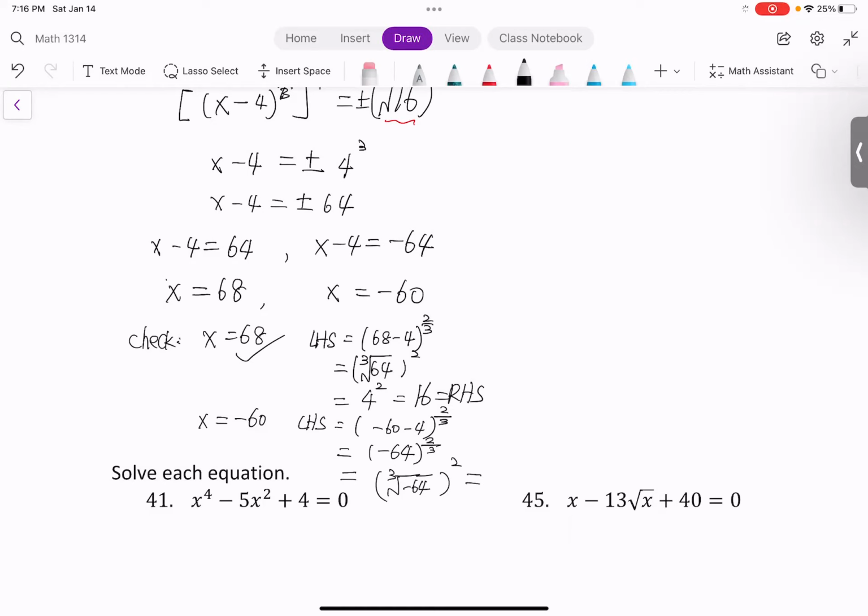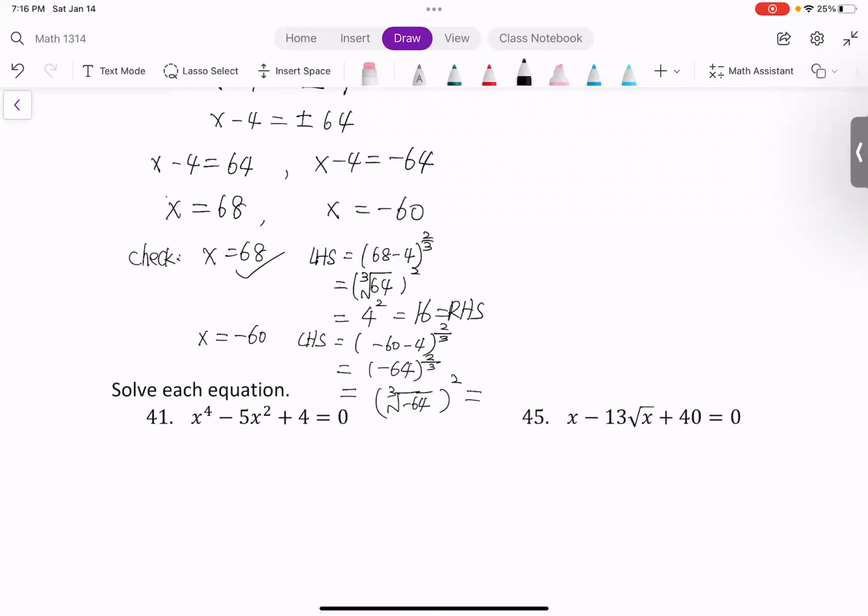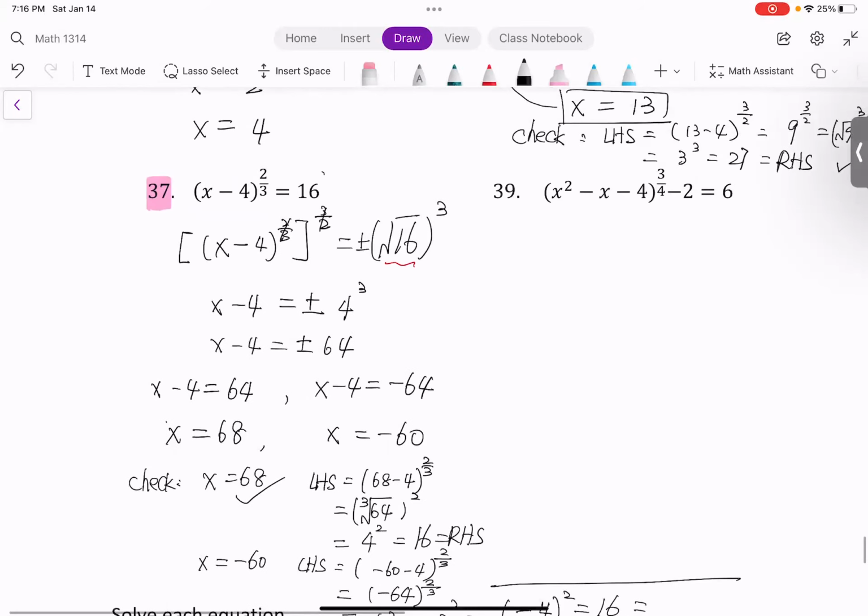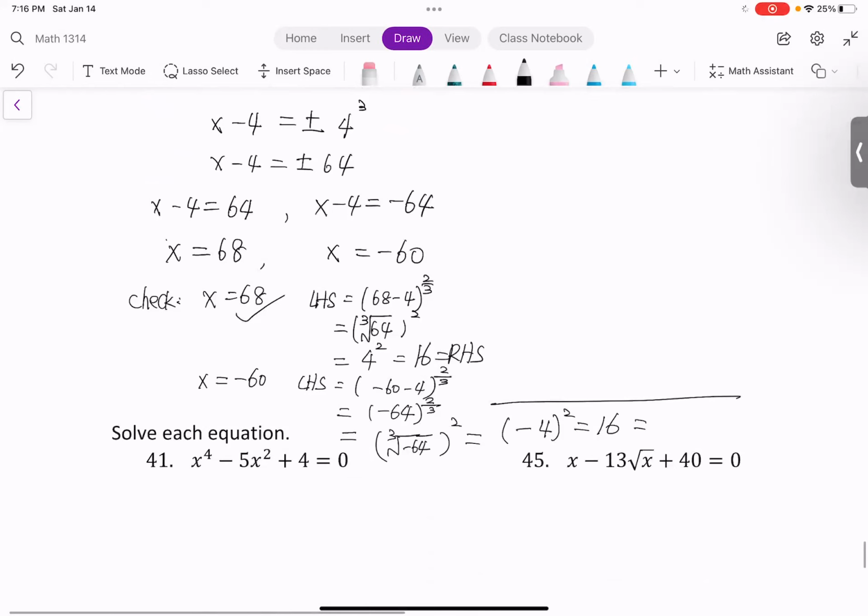Okay, so if I cube root a negative number, I will get the same sign. That's also negative. So cube root of negative 64, that's negative 4. Negative 4 squared, that's 16. Is that the 16 on the right-hand side of this question? Yes, it is. We have two solutions. One is 68, another one is negative 60.